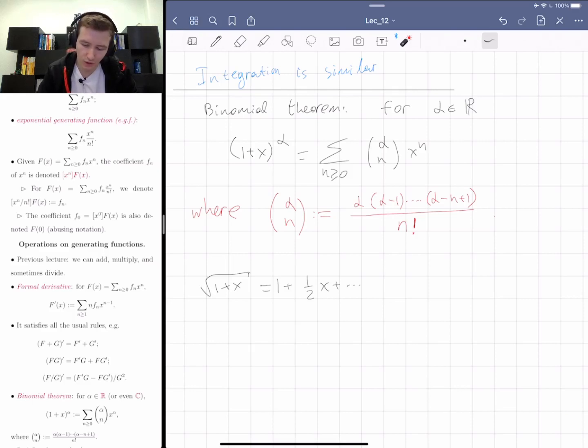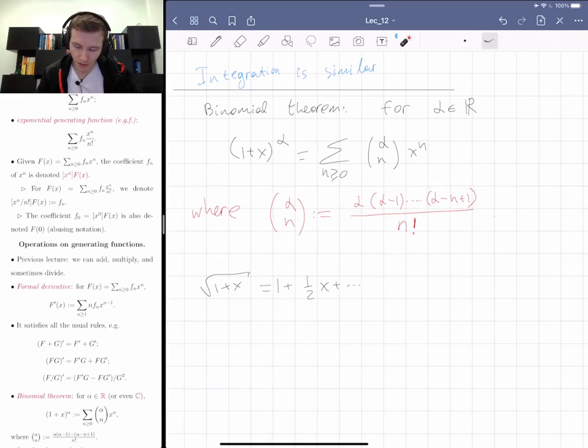When alpha is an integer, by the way, what happens? When alpha is an integer, this sum becomes finite, because when n is large, one of these terms is going to be 0.